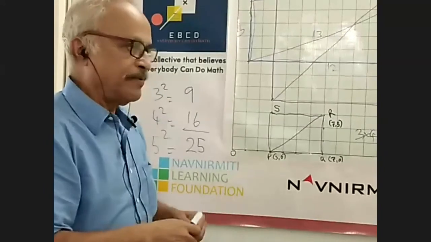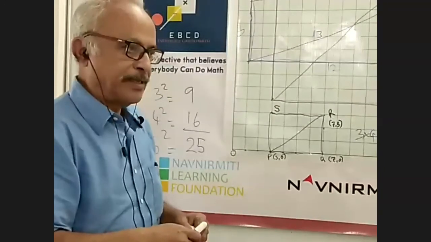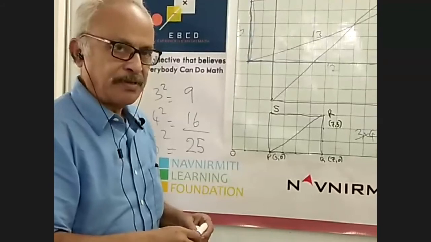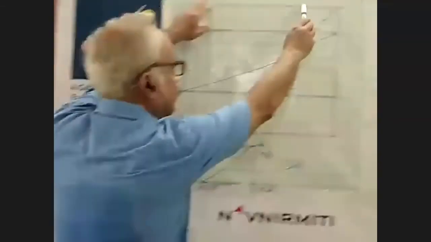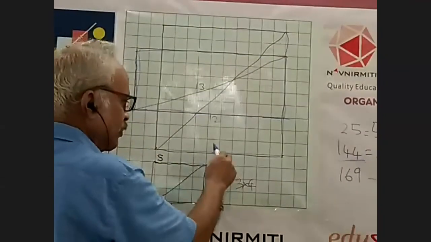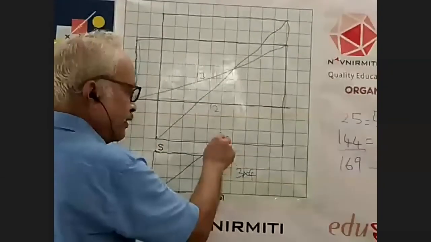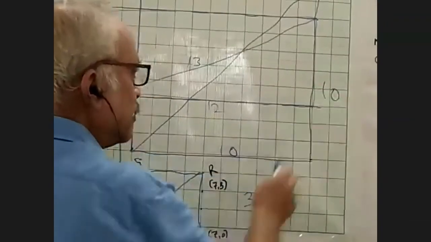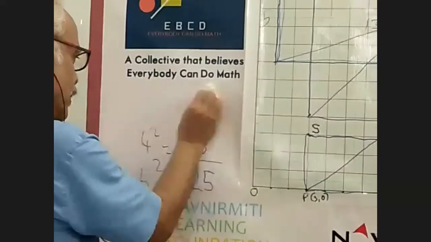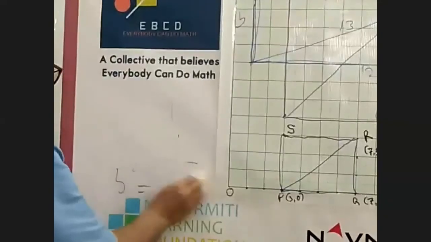Now let's apply that same principle to this square which we had made earlier. One side was 10 and the other side was 10.